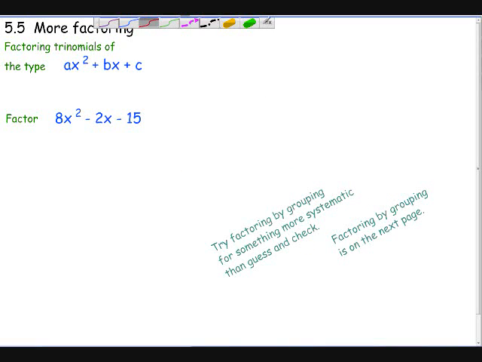All right. Let's try this one now. We're going to use this factoring by grouping technique we've been practicing a little bit lately. So 8, we always take this leading coefficient, and then we take our constant, or whatever we find here, times a negative 15.